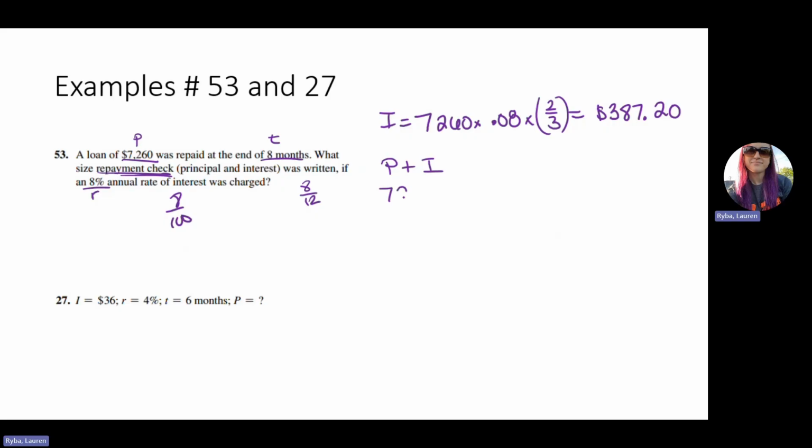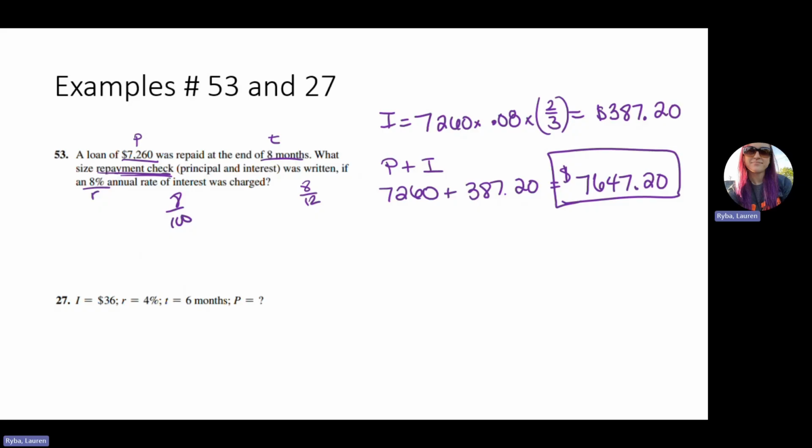Well, the principal was $7,260. That was how much I borrowed. And then I also have to pay back the interest of $387.20. So if I add those together, $7,647.20 is what I would pay back in full.